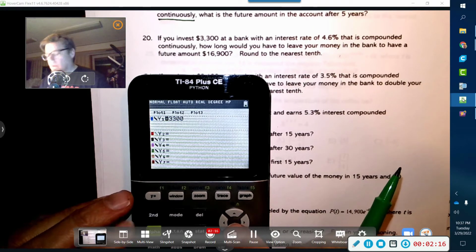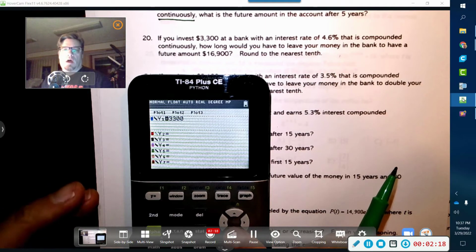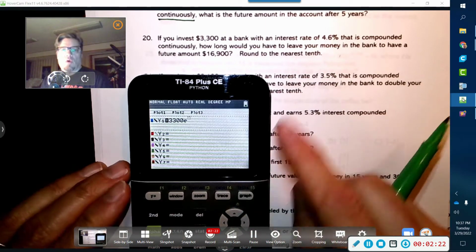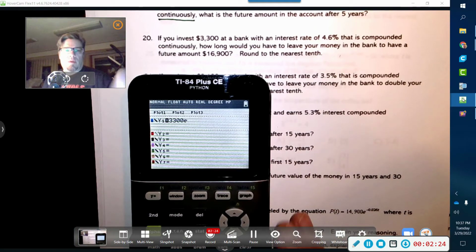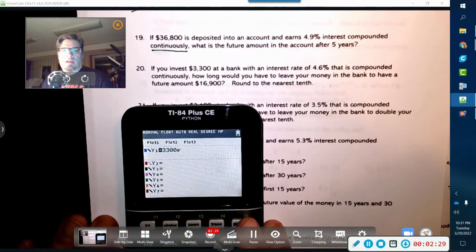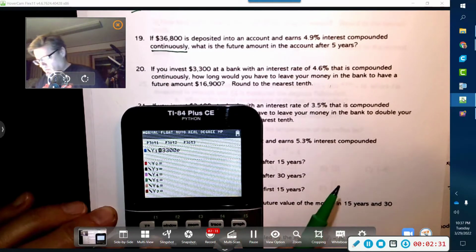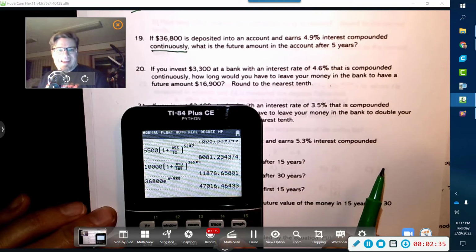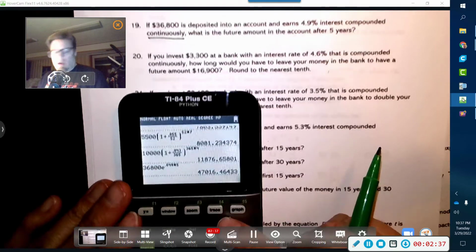All right, so 3,300 compounded continuously for 0.049. Am I at the right one? I feel like I already did that. Oh, did I do? Shoot. 0.049. Yeah, okay, good. All right, we're good.